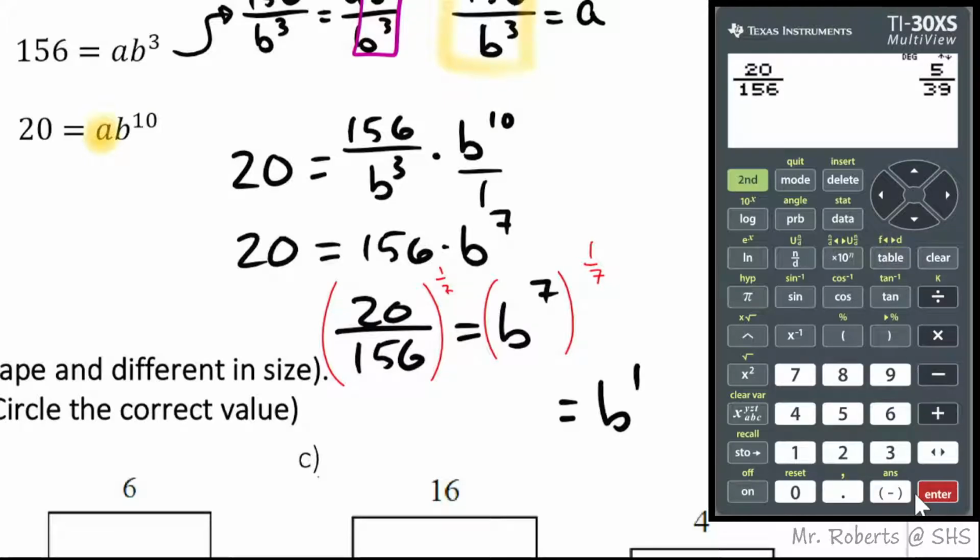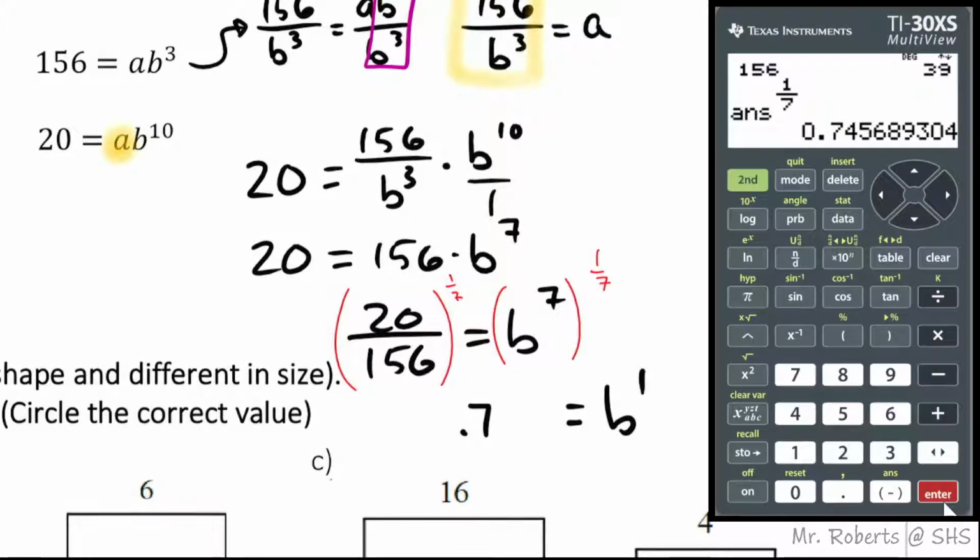I didn't need to know it did that, but it does. I'm going to raise that to the 1/7 power, and we get something. I know what you're saying: that looks terrible. But I think that that's b. I'm not willing to bet the farm on it, but I think that's b. I'm going to round it to the nearest hundredths, so I'm going to write this as 0.75.